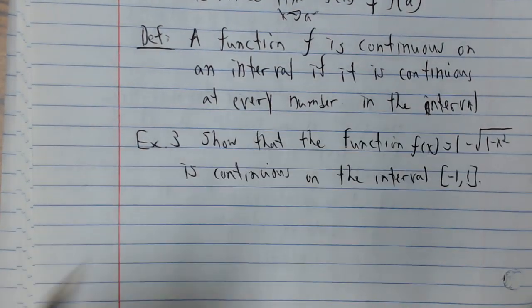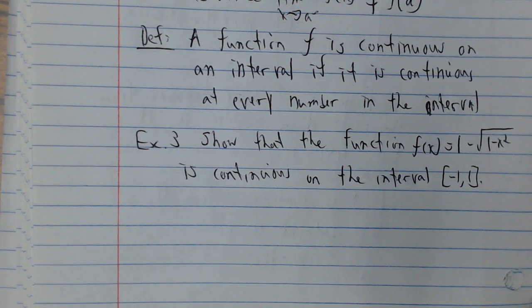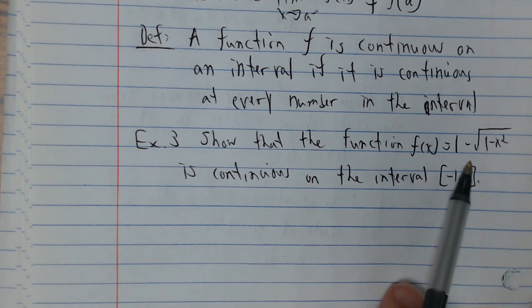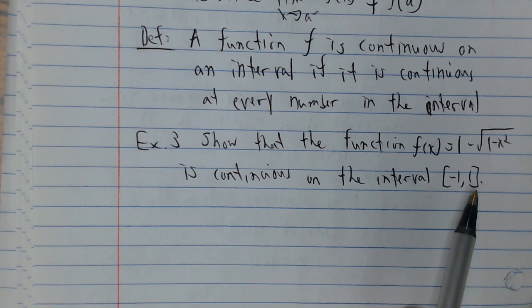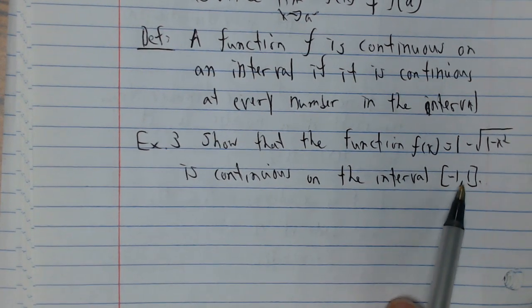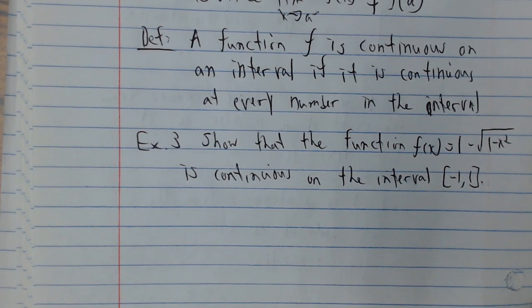I'm only going to do one part of this problem, but you could probably do the other two parts. What do I need to show? To show that this is continuous at every number from -1 to 1, there are three things I need to show. I need to show that this is continuous on the open interval from -1 to 1.